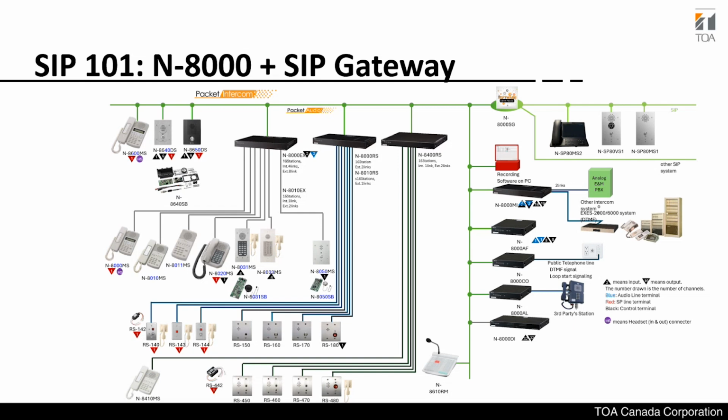In case you want to expand your current N8000 system, for example, you can use this software to communicate with your SIP VoIP telephony. So you can do paging, you can call any N8000 master station and vice versa. So you can call from a master station in an N8000 system to SIP VoIP phones.